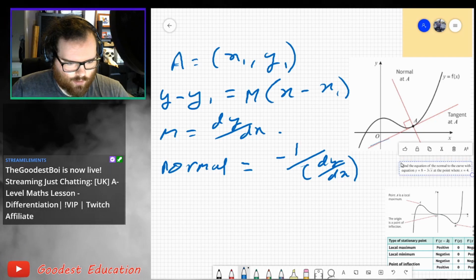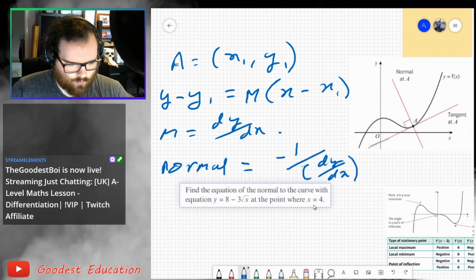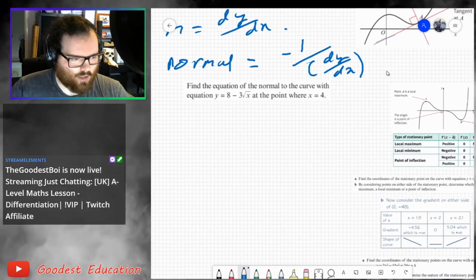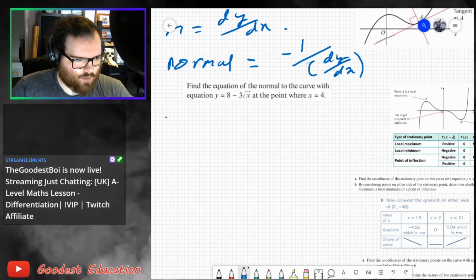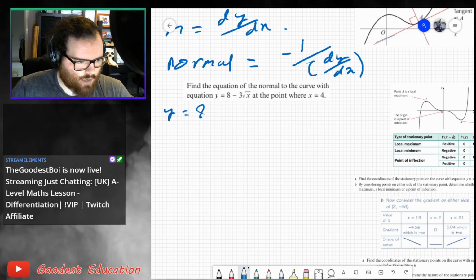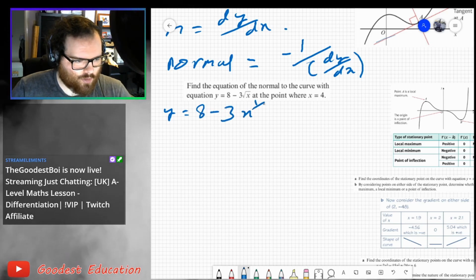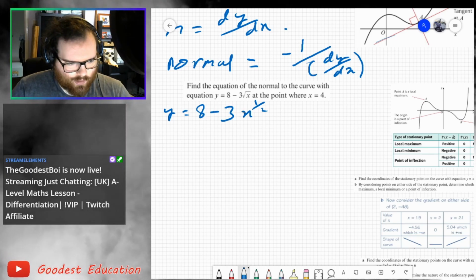So if we did a quick example, find the equation of the normal to the curve, this equation, at the point where x is equal to 4. So y is equal to 8. It's always a good start to rewrite the equation with all the powers written out properly. So 8 minus 3x to the half.